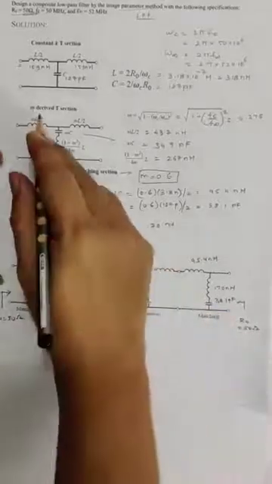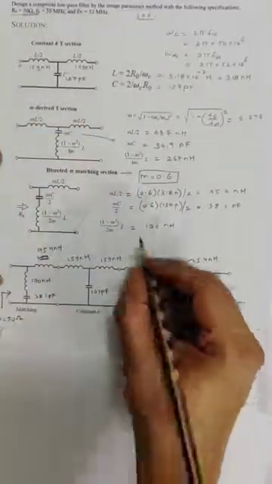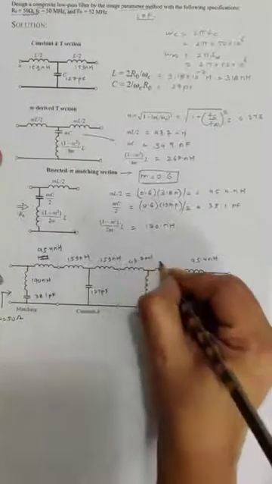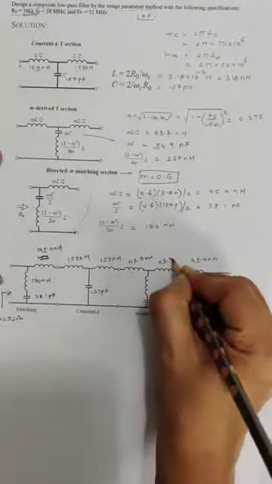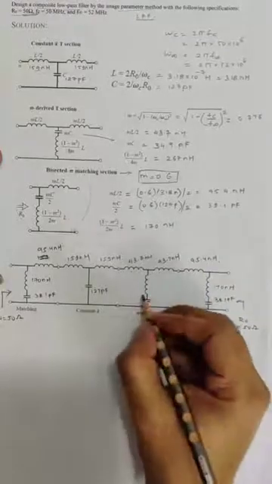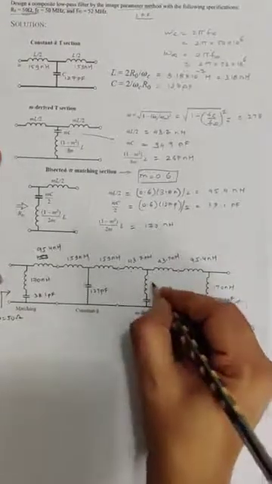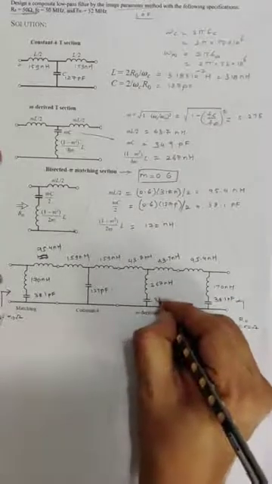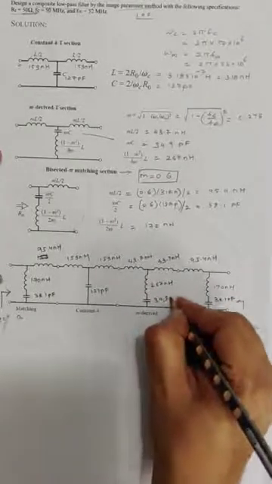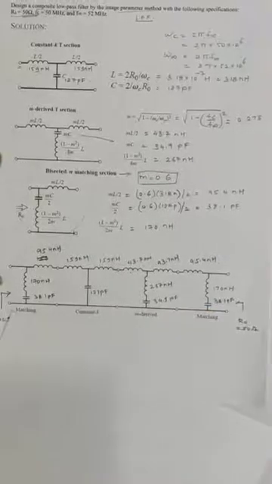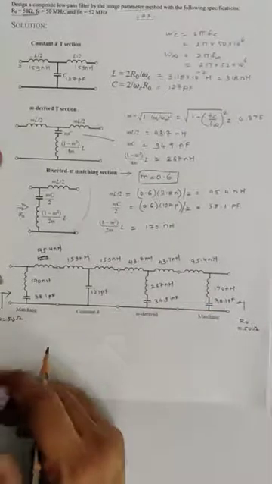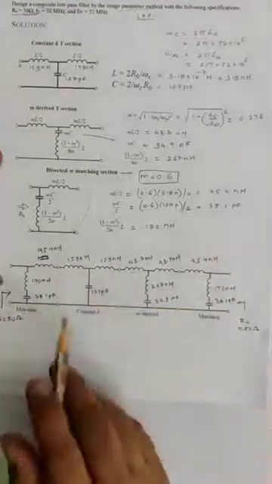And for M derived section, you have mL by 2, that is 43.7 nanohenry. This is nothing but 267 nanohenry. So that completes the design of composite low pass filter.